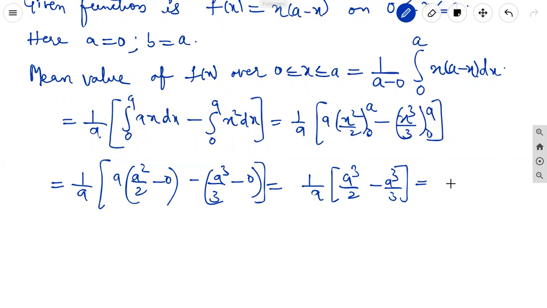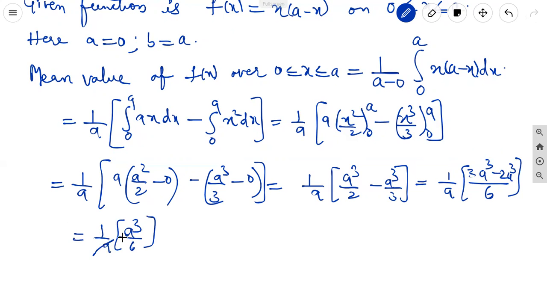Taking the LCM, 1 by a right outside, 3 2s are 6, 3a cube minus 2a cube. It is equal to 1 by a into a cube by 6. The a cancels. It is equal to a square by 6, the mean value of the given function over 0 is less than or equal to x is less than or equal to a.